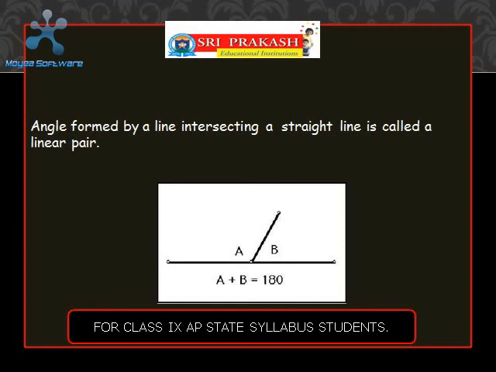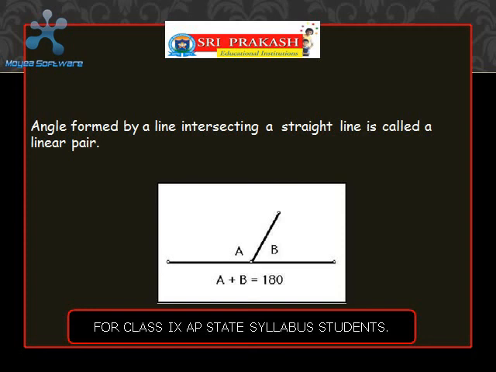Angles formed by two intersecting lines such that the opposite angles are equal are called vertically opposite angles.